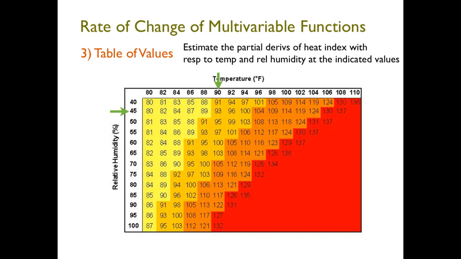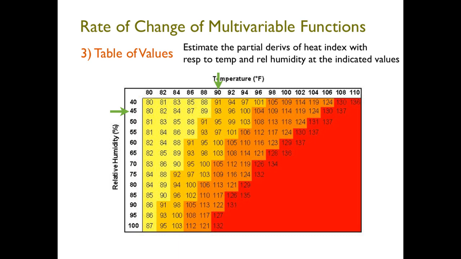The two independent variables were the actual temperature and the relative humidity, and the dependent variable was the temperature that it feels like outside. That's called the heat index. What does it feel like? When it's 90 degrees with 45% humidity, it feels like 93, because that's pretty high humidity, and so it makes it feel a little hotter.